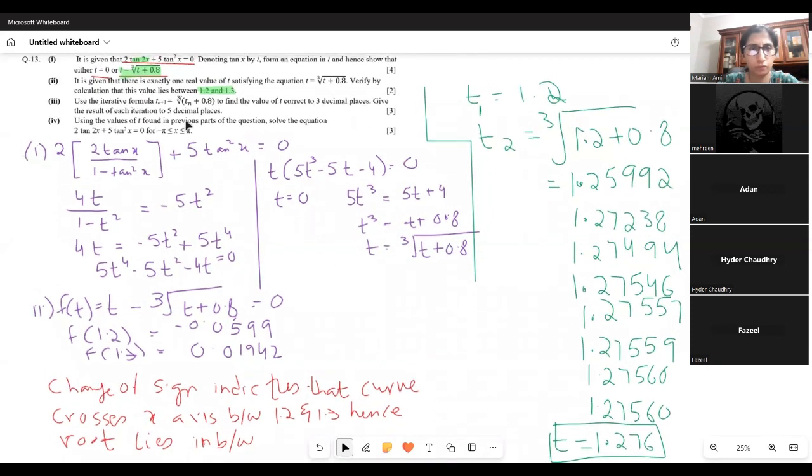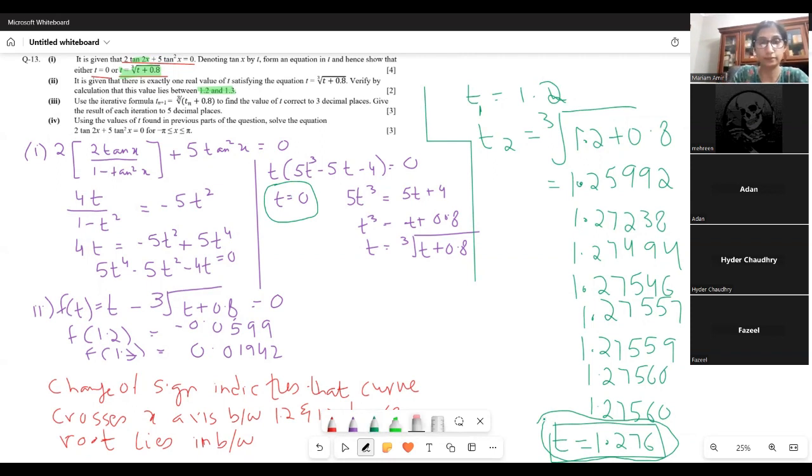We already have that one of the answers is t equals 0, and the other answer is t equals 1.276. Now we have to find the value of x from here. Let me make space.